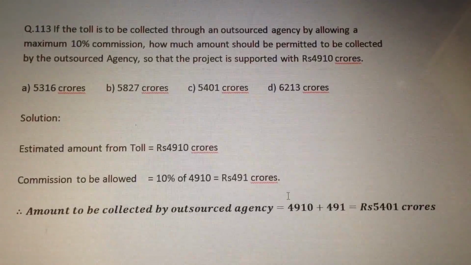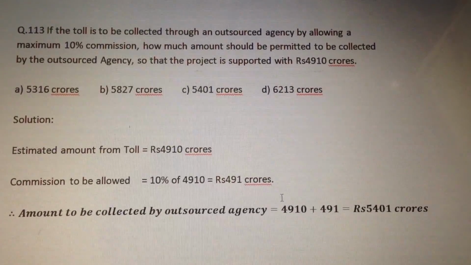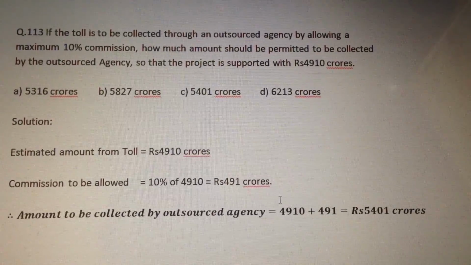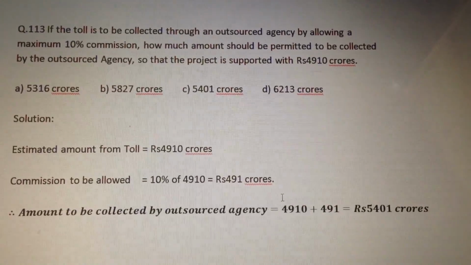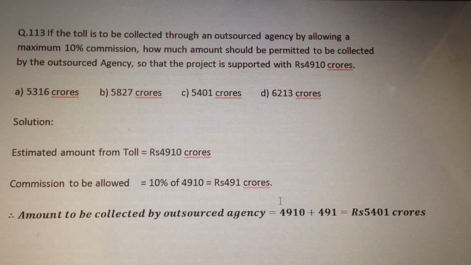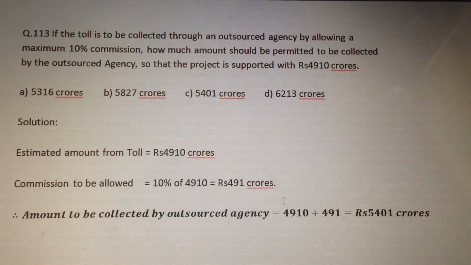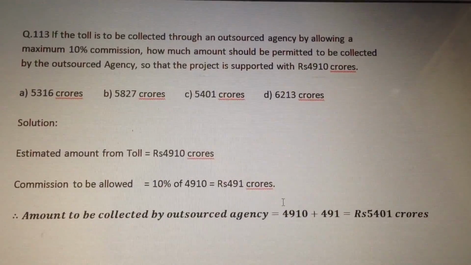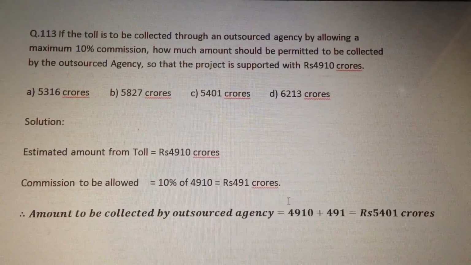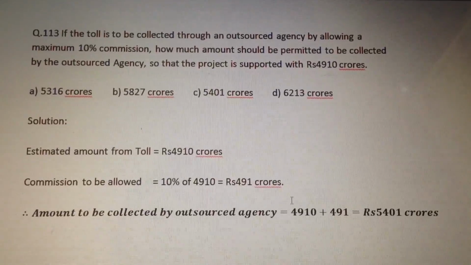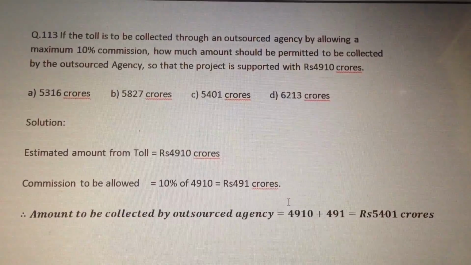Next question. If the toll is to be collected through an outsourced agency by allowing a maximum 10% commission, how much amount should be permitted to be collected by the outsourced agency so that the project is supported with 4,910 crores? Okay, if you see the diagram and the figures, the estimated amount to be collected from toll is 4,910 crores.